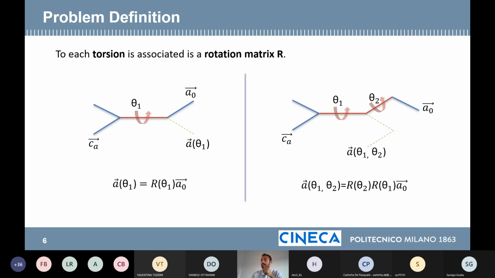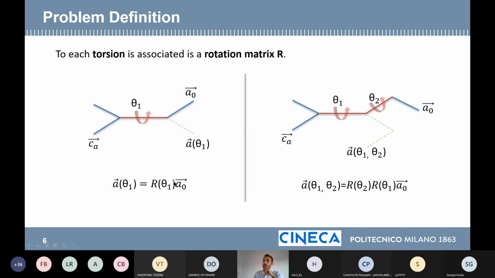As you can imagine, each torsion, so each rotatable bond, is associated with a rotation matrix. For example, this is a schematic representation of part of a small molecule. If the initial position of the atom at the end here is A0, when I rotate this bond here, the final position will be A, which depends on theta. You obtain the final position by multiplying the initial position by this matrix, the rotation matrix R.